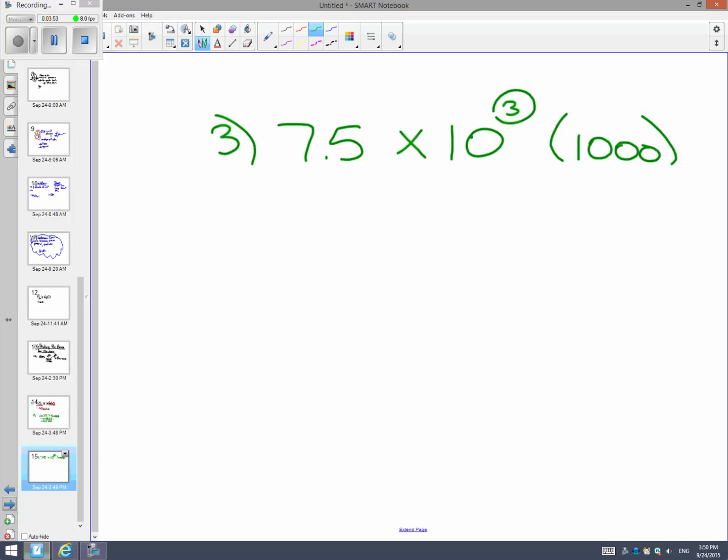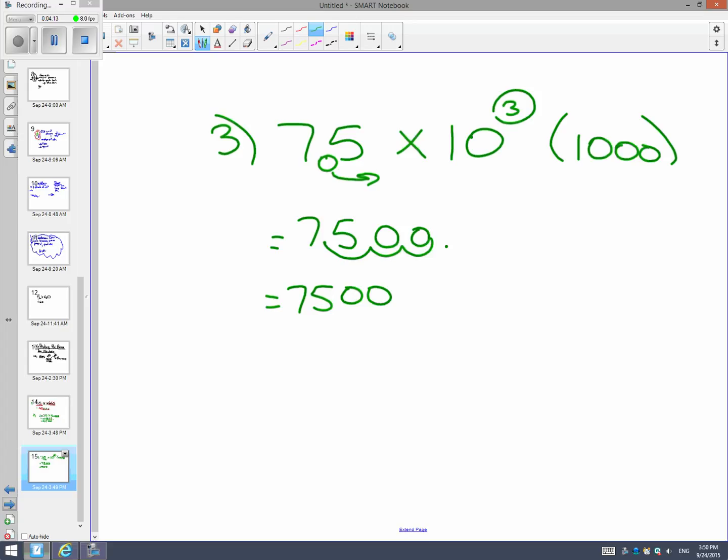We're going to move this decimal place 3 spots that way. 7.5, 1, 2, 3. Fill in the empty holes with zeros, and our new decimal place would be there. We don't need it, so we come out with 7,500. And that's the first part.